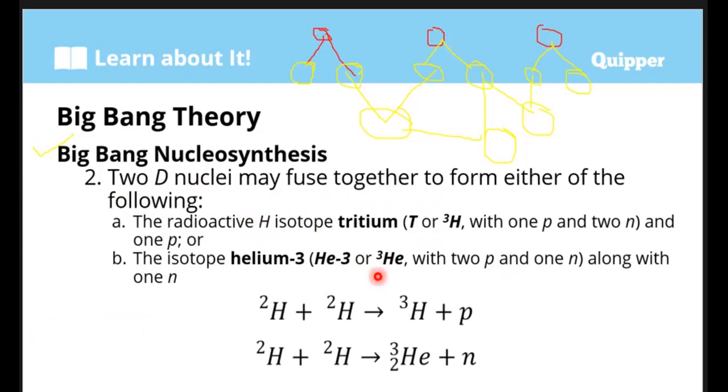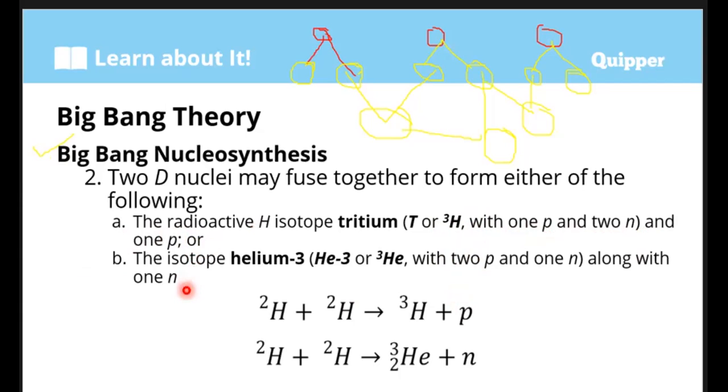Number one, the deuterium might form a radioactive hydrogen isotope called tritium, or T, but there are 3 nucleons in it, and its symbol is still the letter H, as it is one of the isotopes of hydrogen, with 1 proton and 2 neutrons.